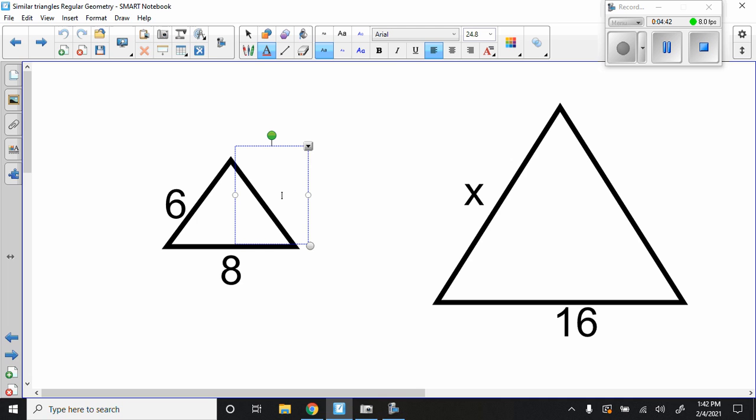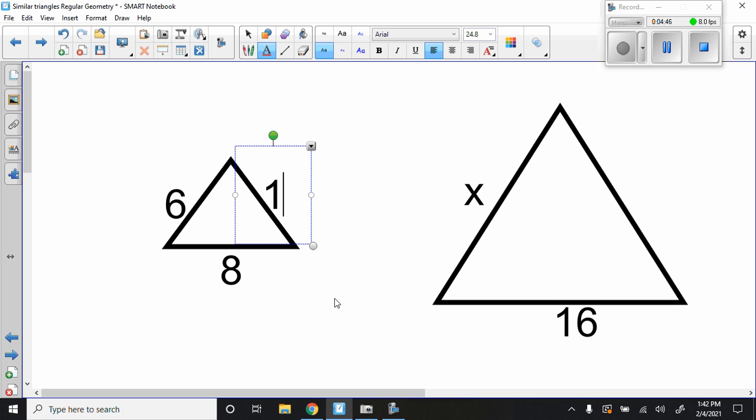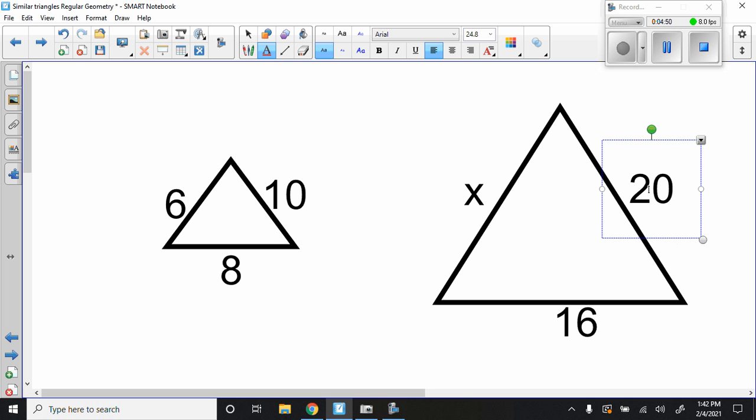I don't know what happened. And then this side would be 20. So there, we've been working with that already. That's side, side, side similarity. That means each side has the same scale factor.